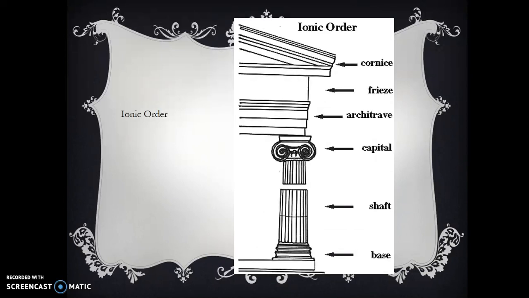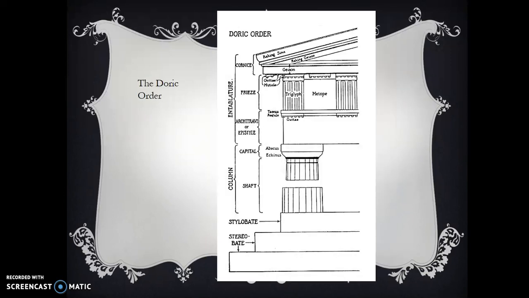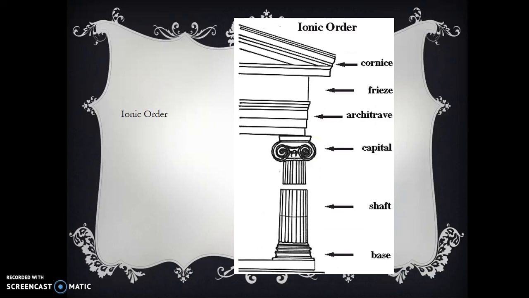This is the Ionic order. And you can tell Doric from Ionic by the capital of the columns, which is the first thing I look at. You can see here this looks more feminine than the Doric. The frieze would run up here, and once again, this whole part above the column is called the entablature.